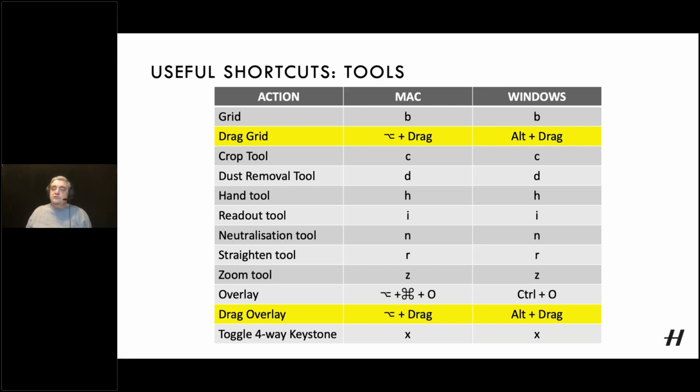How do I move the overlay once I've got it in there? And you've got to look for that one. But basically, it'll be the Alt or Option key, depending on which platform you are, and then holding those keys. Once the grid is switched on, once the overlay is showing, you can then move it around to the area of the image that you want. And that's actually some of the most useful shortcuts that we've got there.